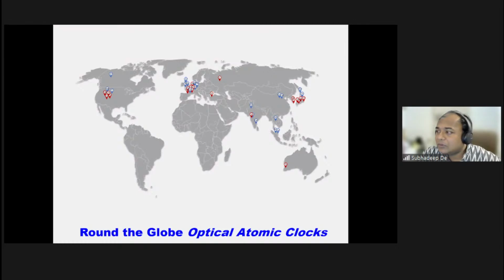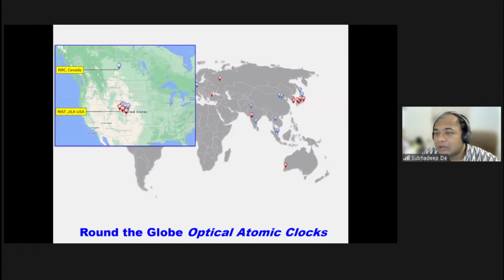From that point of view, there are a few laboratories in the world, actually not several, that have developed optical clocks in their labs, and the pioneer is NIST in the USA, the National Institute of Standards and Technology. They have all the best optical clocks in the world. They are either based on neutral atoms or based on ions.